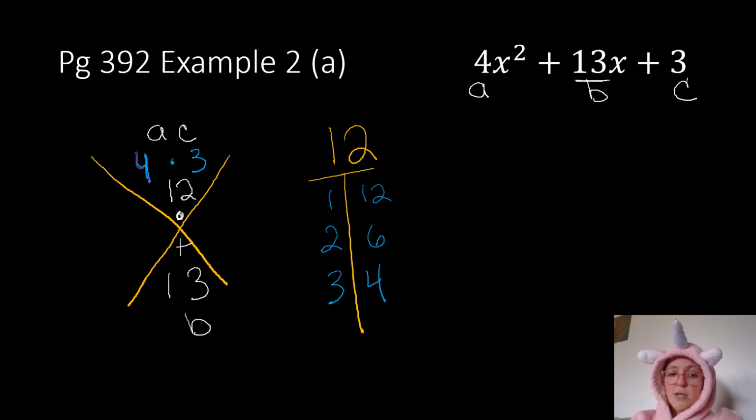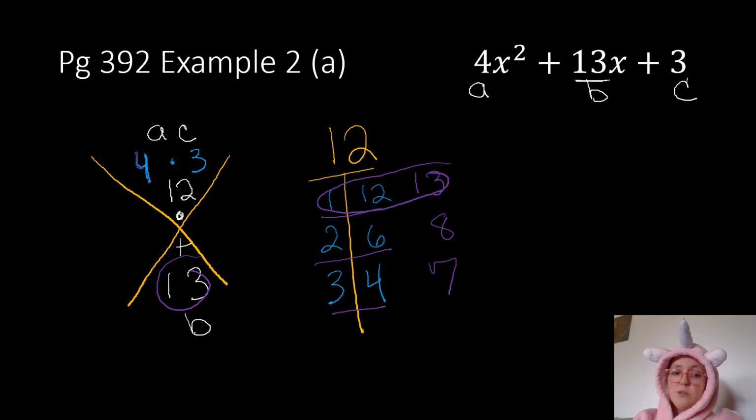Which of these has a sum of 13? Well, 1 plus 12 gives us 13. 2 plus 6 would give us 8. 3 plus 4 would give us 7. So pretty clearly we need to use our 1 and our 12.